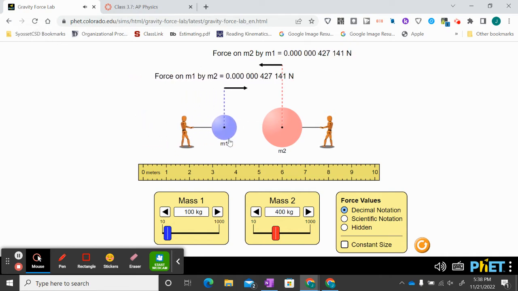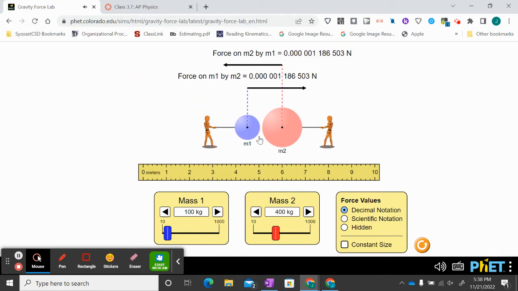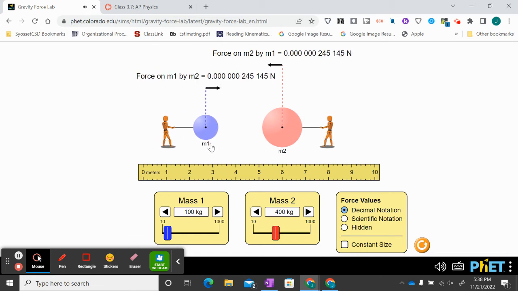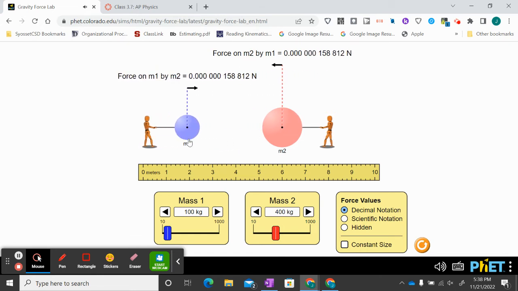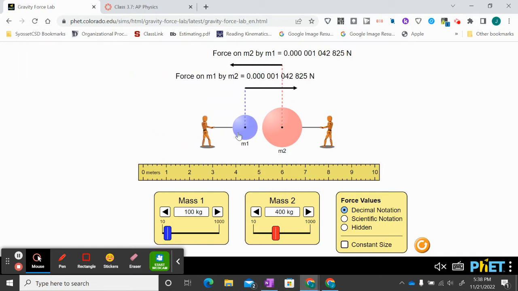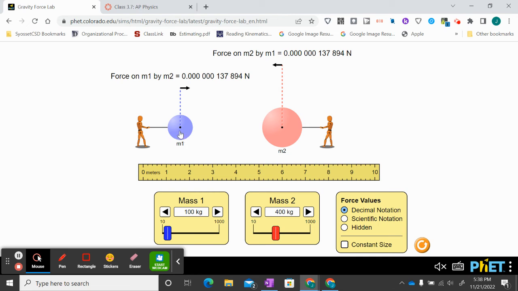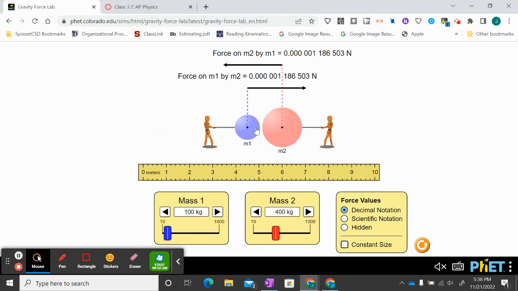So it looks like as we get closer or go farther apart, notice how closer, force goes up; farther, force goes down. Oh, there's actually a button there to turn off the sound. So closer, force goes up; farther, force goes down. Notice how small the force is.